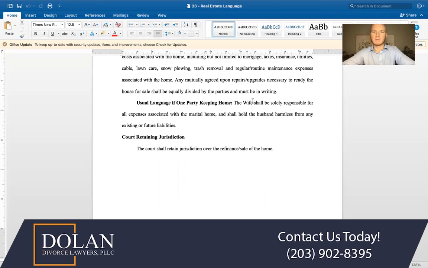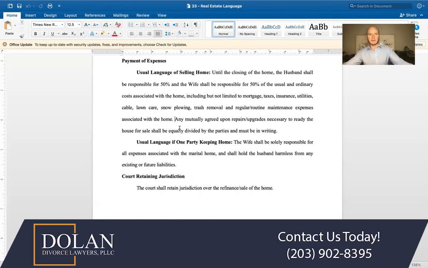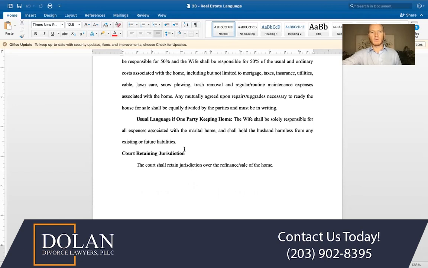So the standard language is the wife shall be solely responsible for all expenses associated with the marital home and shall hold the husband harmless from any existing or future liabilities. So that's the standard on how expenses are dealt with. Again, you want to make sure you put that in there so that there's no confusion as to who is paying what bill after the divorce is over.